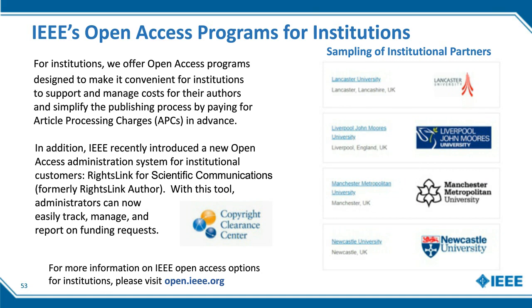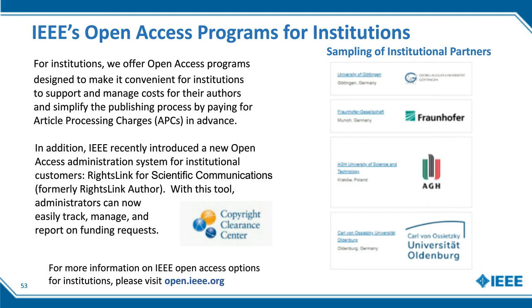We have also brought in, with RightsLink Scholarly Communications, an administrative tool that's been tailored for our use so that we can have easy application of article processing charges, and also allow for easy acceptance of different articles by the institution if there's such a plan in there. There you see some more of these institutions.